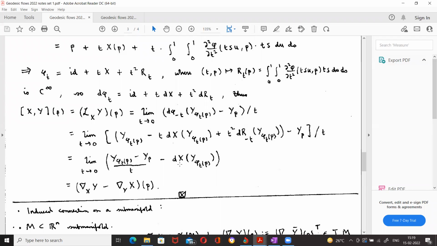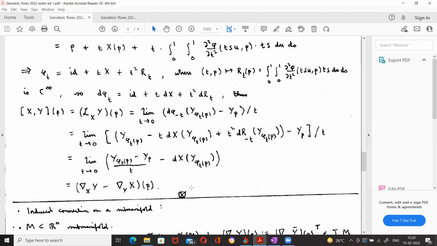That is the derivative of x in the direction of y at p. So in other words, it's the covariant derivative nabla y x. So this will become nabla x y minus nabla y x at p. Is this clear? Yes. Okay, so this proves the property of symmetry of the covariant derivative in Rn.